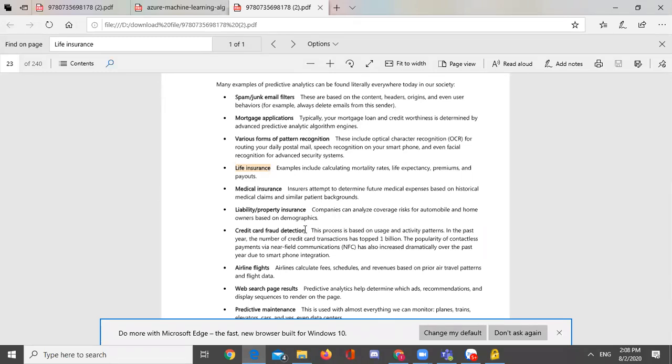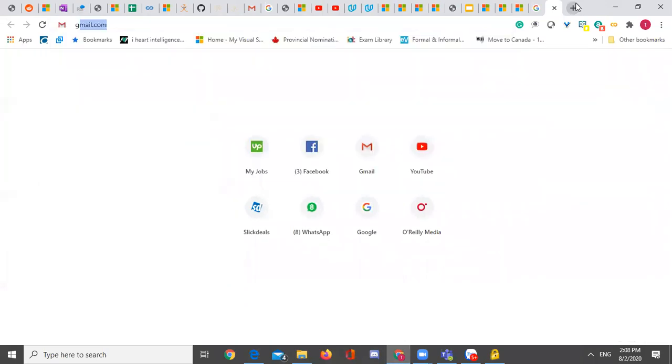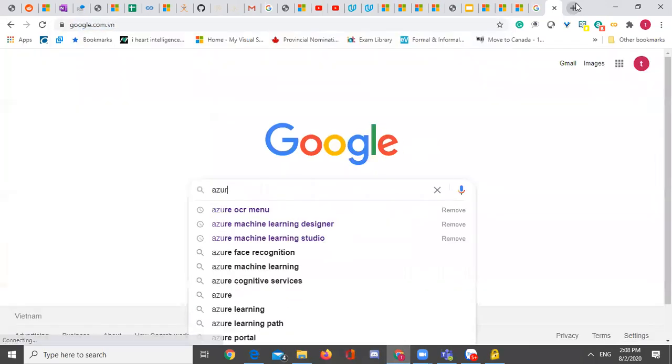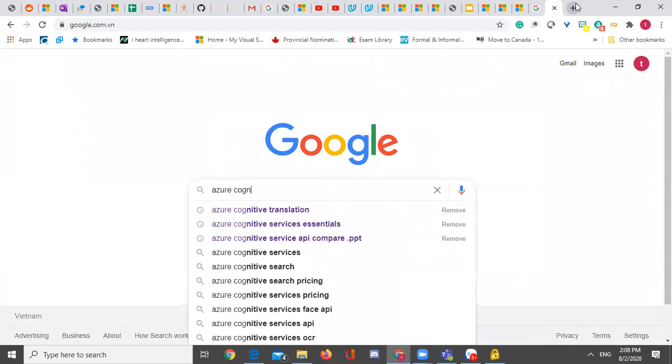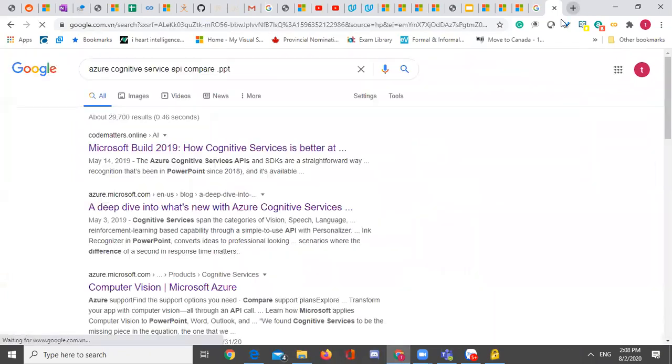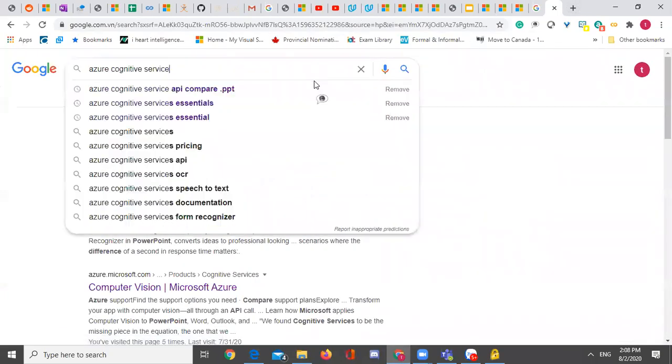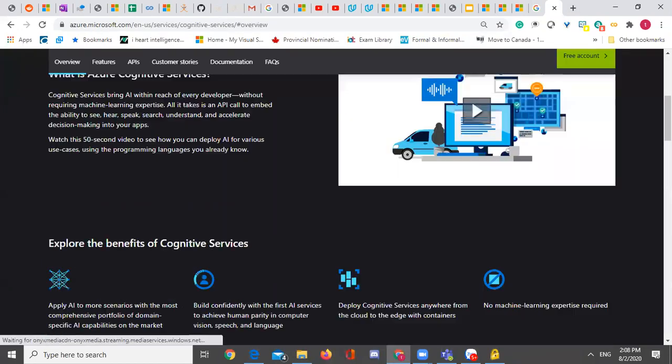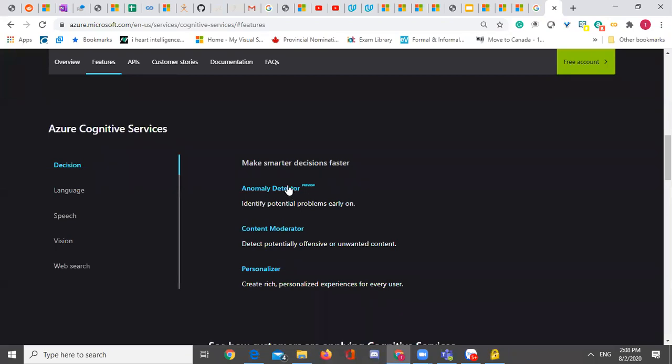Yes, anomaly detection, correct. So this is in the Decision API, I believe. Let me double check. The name is very confusing. Azure Cognitive Service, yes, Decision, Anomaly Detector.